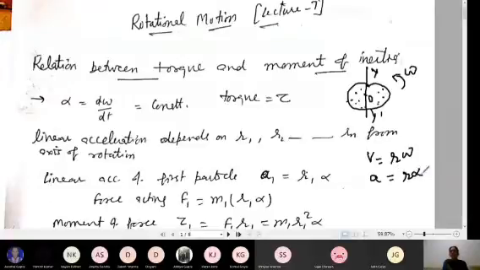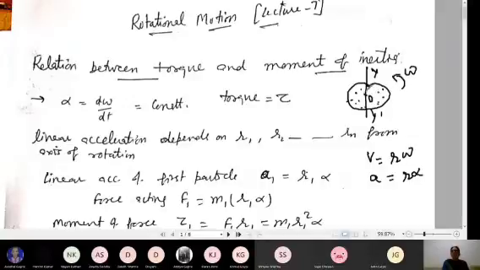I am simply writing the magnitudes, because in vector form v vector equals omega cross r and a vector equals alpha cross r. For the first particle, it is given by r1 alpha.